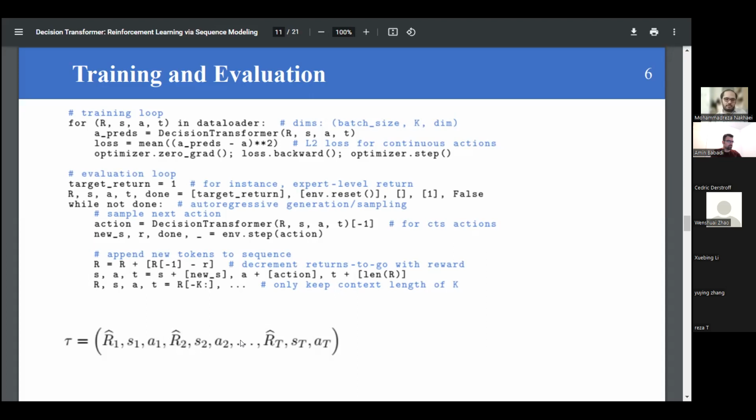So at each time step, the return to go is computed by subtracting the reward from the target return. For example, in the second time step, the return to go becomes 499 in the CartPole example. Could I explain it? Yeah. Okay, please continue.